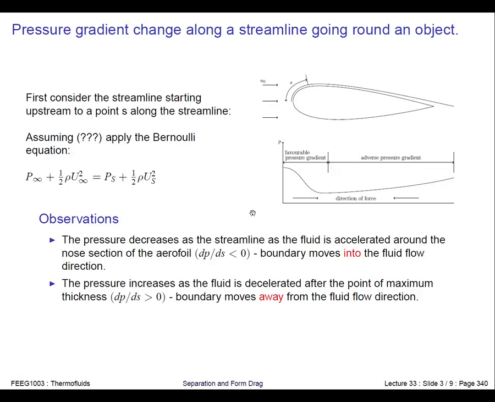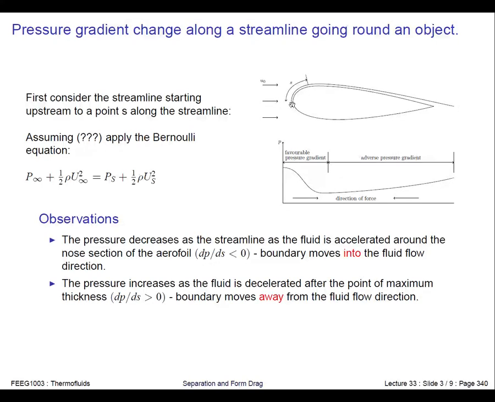Okay, so let's start thinking about what happens to pressure as you make a flow go around an object. We've got our aerofoil here, and we're going to follow a streamline that is forced around it like this.